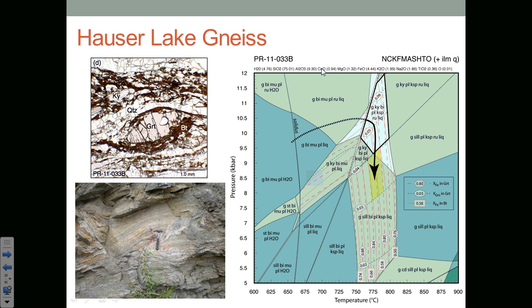Leanne's done the pressure-temperature history of these, and the peak metamorphic conditions based on the metamorphic assemblages are around 10 kilobars, which is about 33 to 35 kilometers depth, and around 750 to 800 degrees. So they're pretty high-grade rocks.